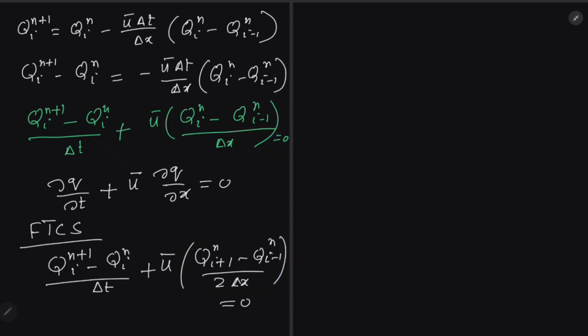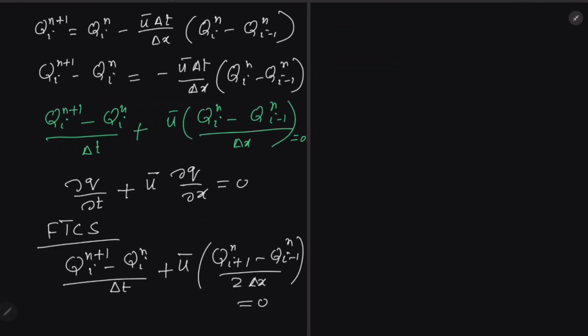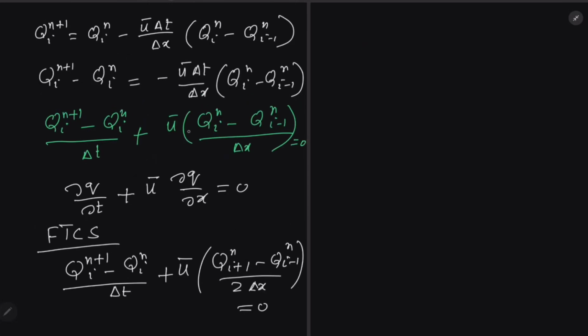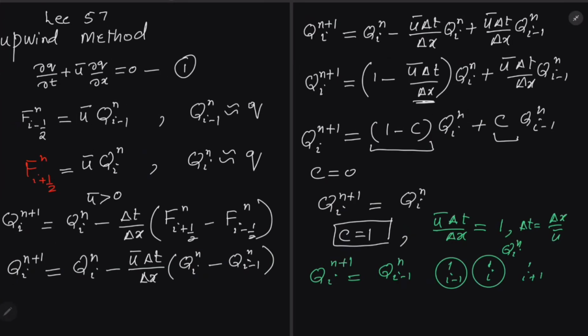Here U bar is greater than 0. The purpose of this comparison of the upwind method and the centered scheme is that there is a slight modification which follows the physical situation. And from the previous discussion, we can see that the value of C should be 0 to 1.